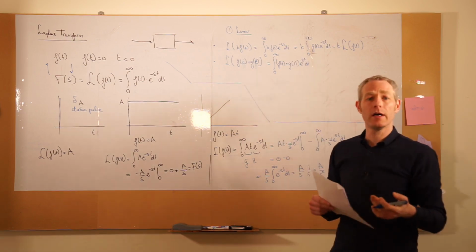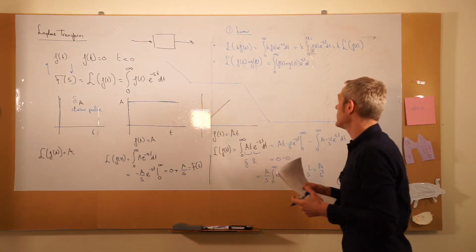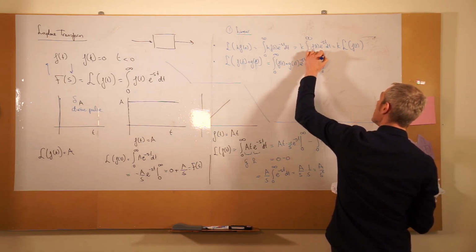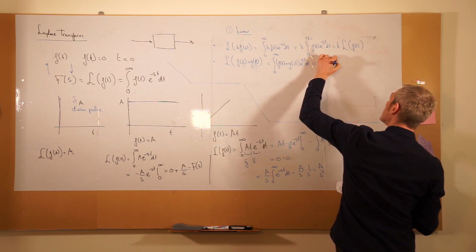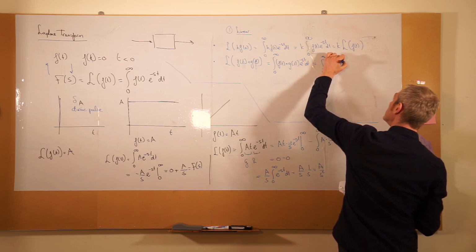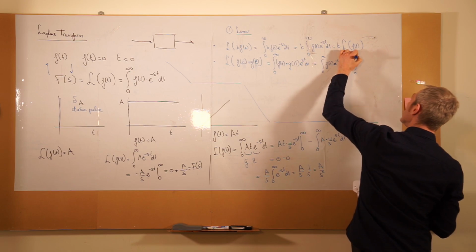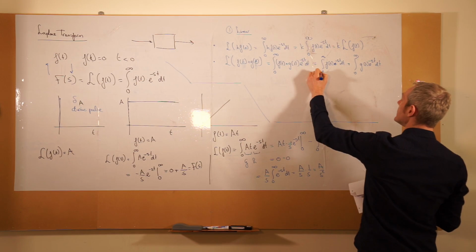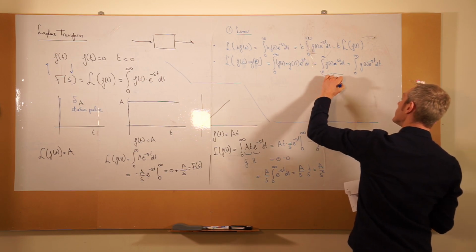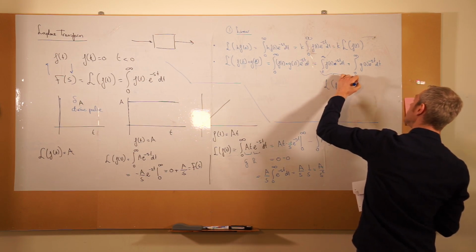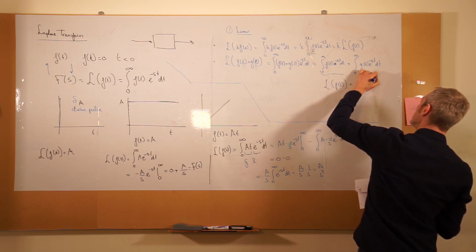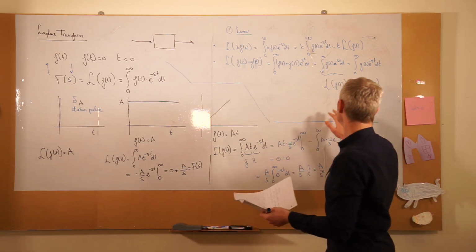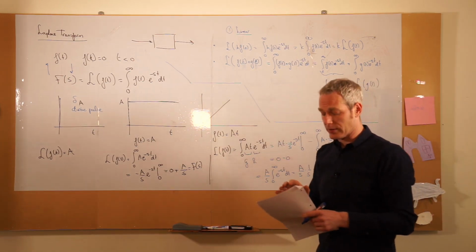And using the rules we have for integration, we can separate this out into two integrals. The one for f, e to the power of minus st dt, plus the integral for g, e to the power of minus st dt. And we see that this is simply the Laplace transform of f, and we add to that the Laplace transform of g. So if I take the Laplace transform of a sum, it is equal to the sum of the two Laplace transforms.